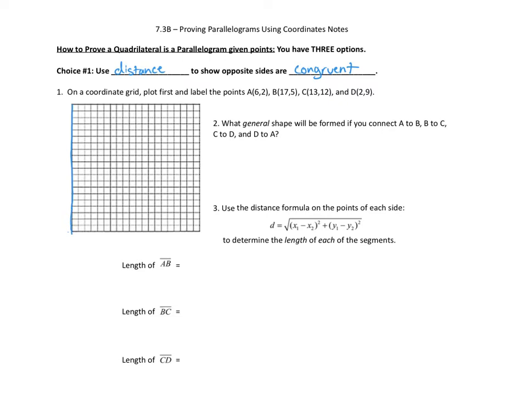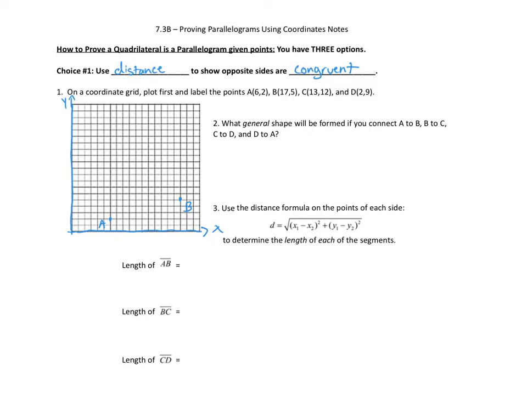Here's my X, my Y. So A is (6, 2), so go over 6: 1, 2, 3, 4, 5, 6, up 2. So this will be A. B is (17, 5), so 6, 7, 8, up to 17, up 5: 1, 2, 3, 4, 5. So this will be B.